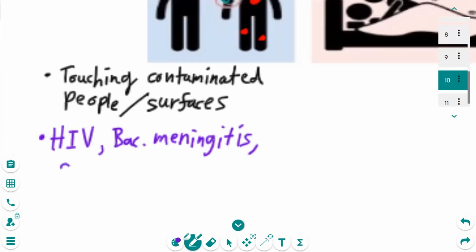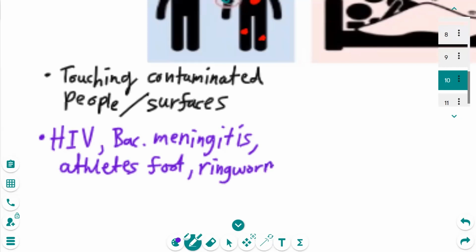Athlete's foot is one, and ringworm. So it's mainly fungal diseases that can be spread in this way.